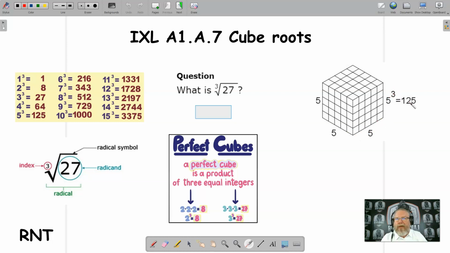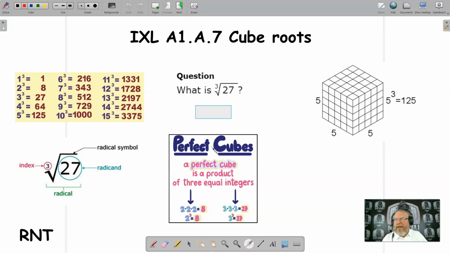So 5 cubed is 125, and if you start counting all these squares in the cube, there would be 125 in there. So the cube root of 125: if you had 125 units and arranged them to make a cube, then each side length would be 5.